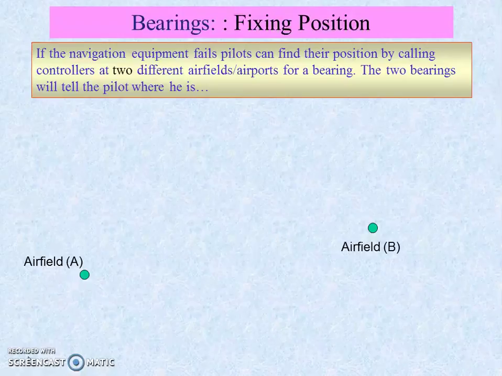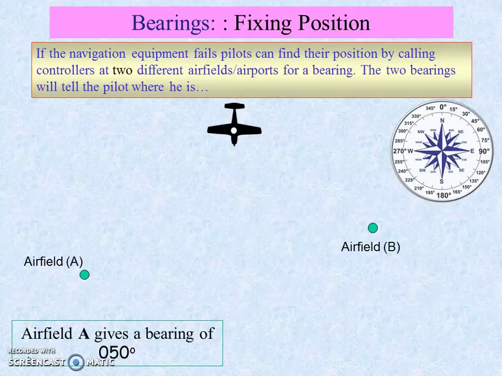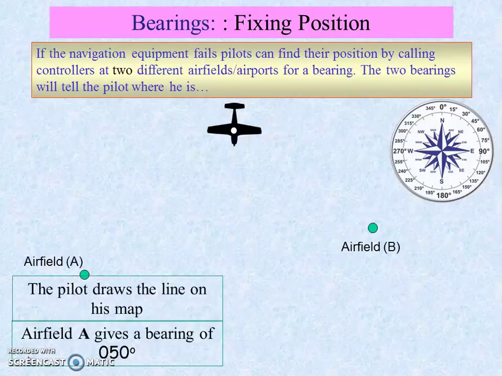Fixing position. If the navigation equipment fails, pilots can find their position by calling controllers at two different airfields or airports for a bearing. The two bearings will tell the pilot where he is. So we have the airplane. He contacts airfield A, which gives him a bearing of 50 degrees.